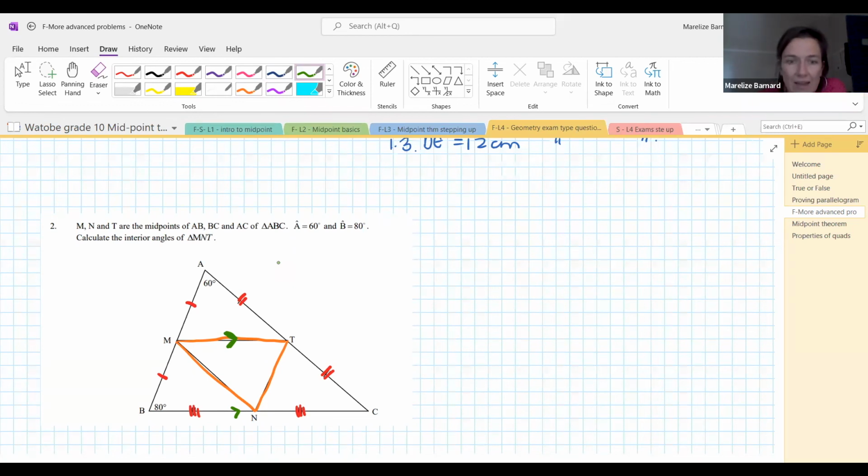So we can calculate angle C over here. Pop it in the chat if you know what angle C is going to be. Warona says 40. I agree with you, Warona. That's 40. Okay, so for a question like this, we are now just going on a fact-finding mission, all right?